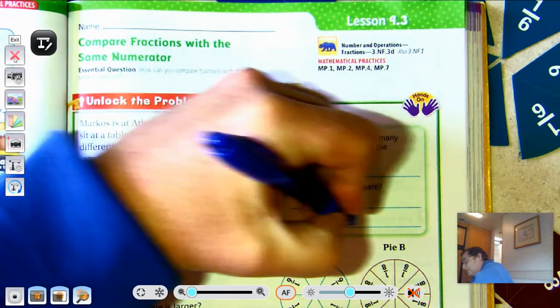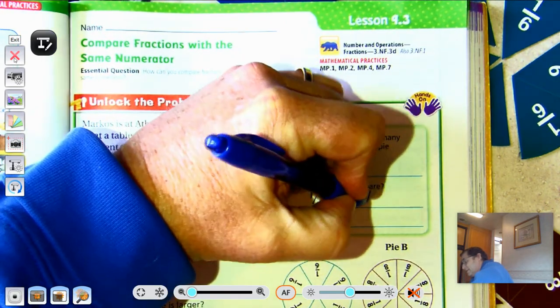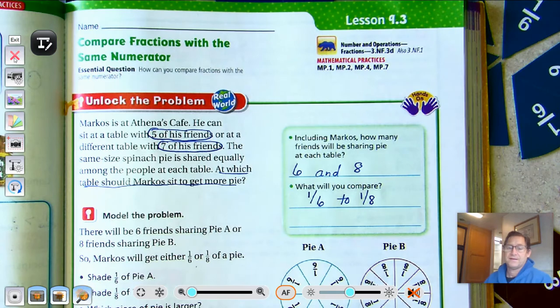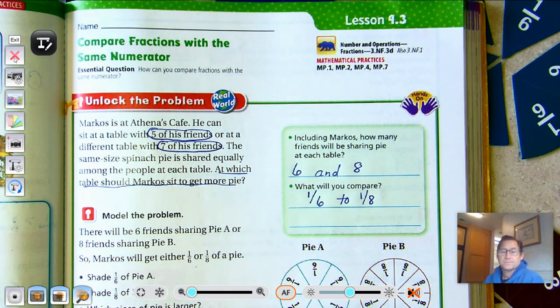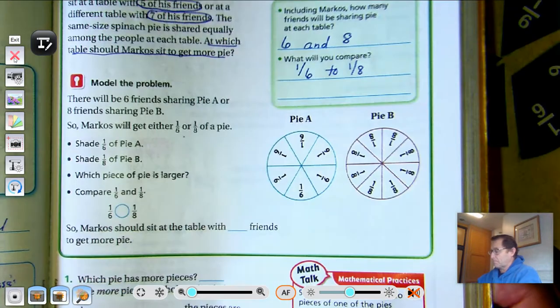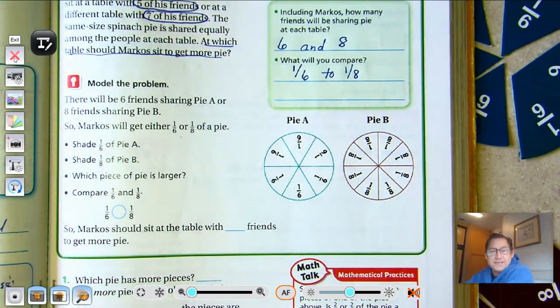We're comparing 1/6 to 1/8. All right, so model the problem. There will be 6 friends sharing pie A, or 8 friends sharing pie B. And so Marcus will either get 1/6 or 1/8 of a pie.